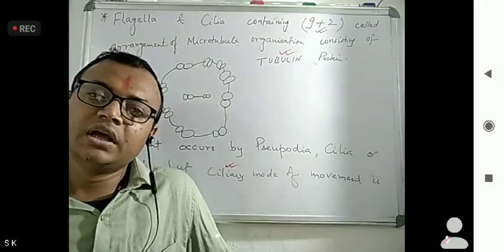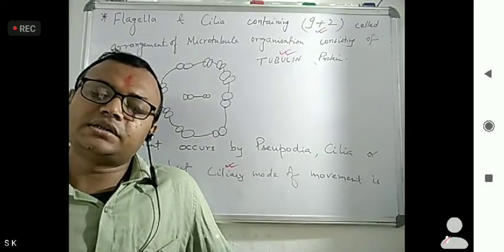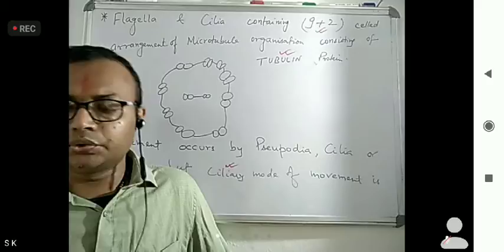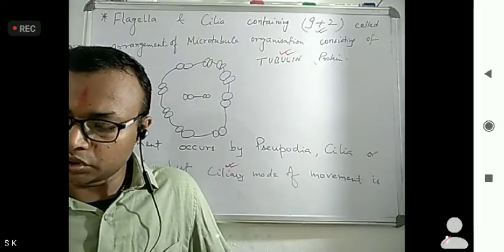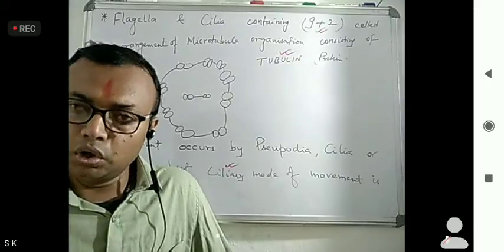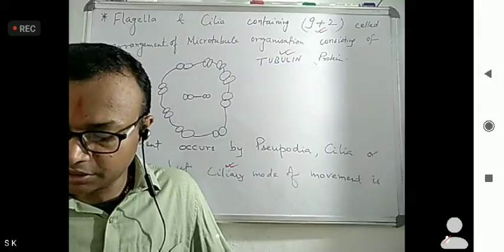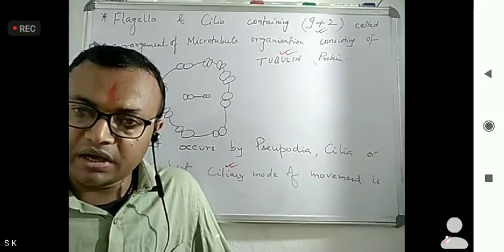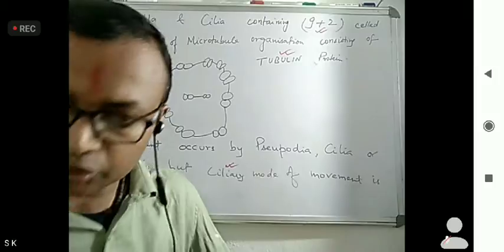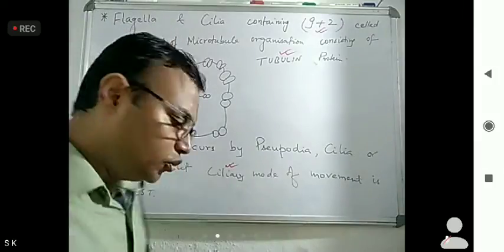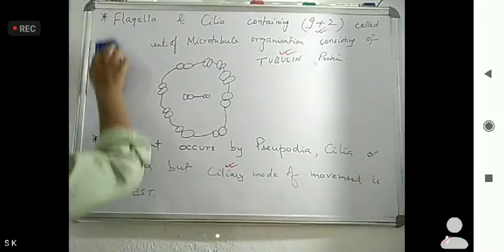Now if we are discussing nutrition, they contain photosynthetic also, holozoic also, saprophytic also, parasitic also. Okay, so what we can say, they have a mixotrophic type of nutrition.